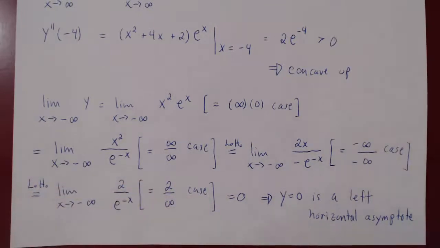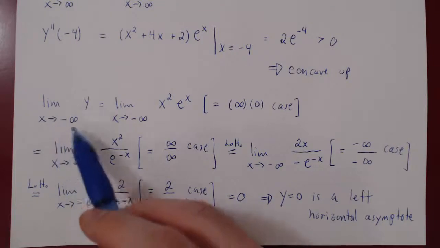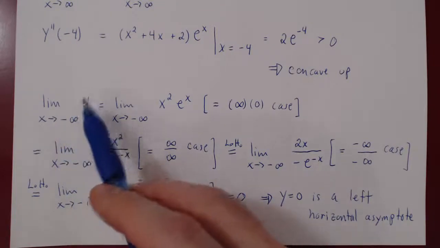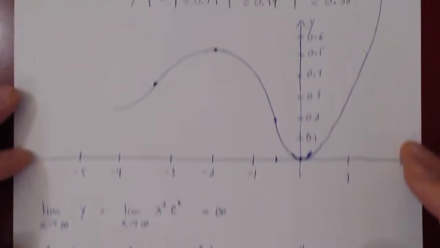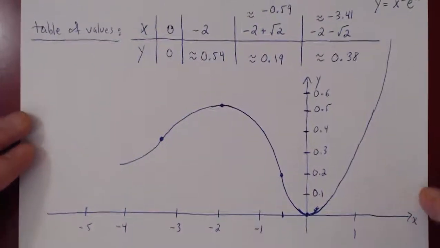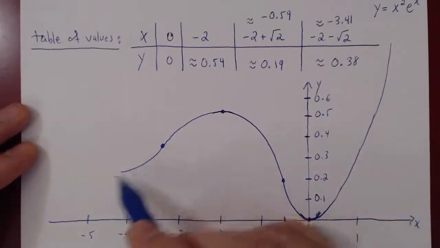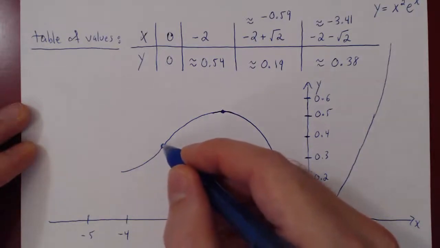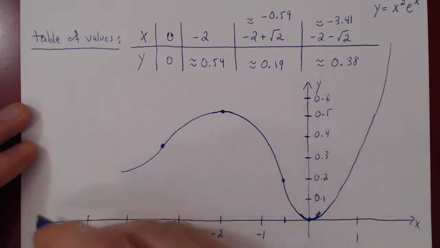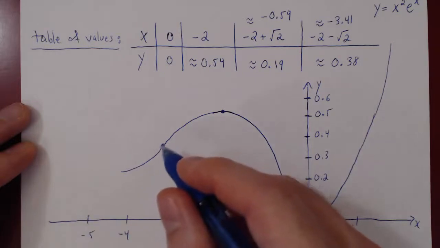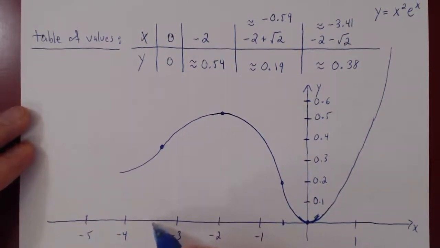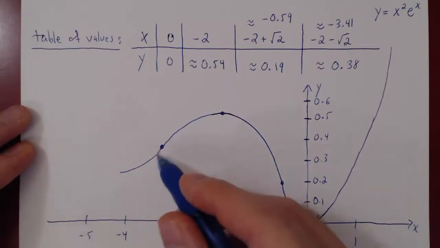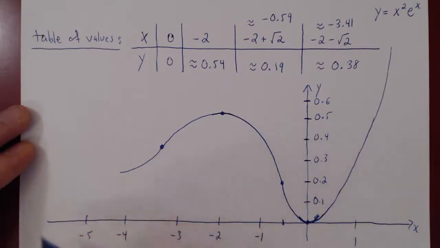And then we can go back and complete the graph of our function. As x is getting larger and larger negatively, y will be getting closer and closer to 0. And here I can tweak the curve a little bit to make it slightly steeper to approach 0 a little sooner, just to emphasize that when x is getting larger and larger negatively, the y values will be approaching 0.